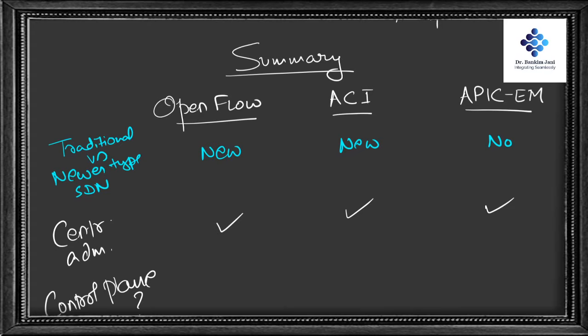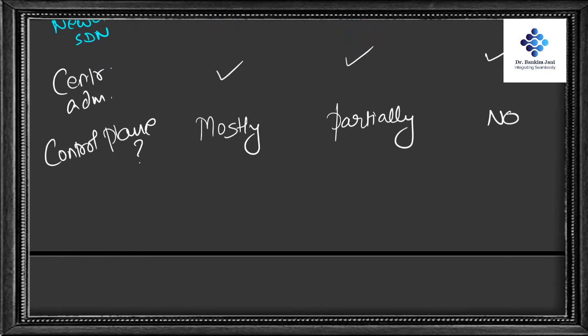So they said yes, OpenFlow, mostly it was doing it. Well, in ACI, it is partially. In fact, it depends upon your deployment. In case of EM, no, it won't do it. It will say, I can't control the control plane. The control plane can be handled only by OpenFlow. I am just making things easier.